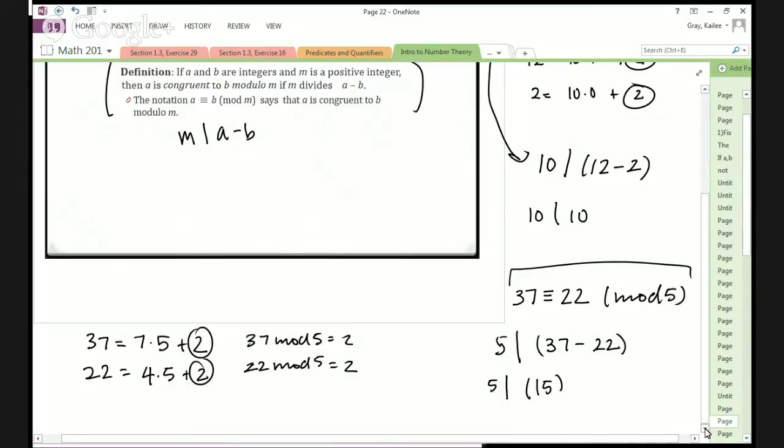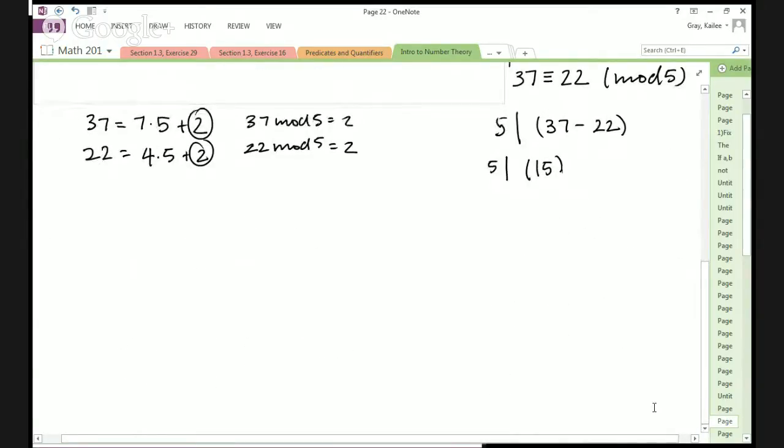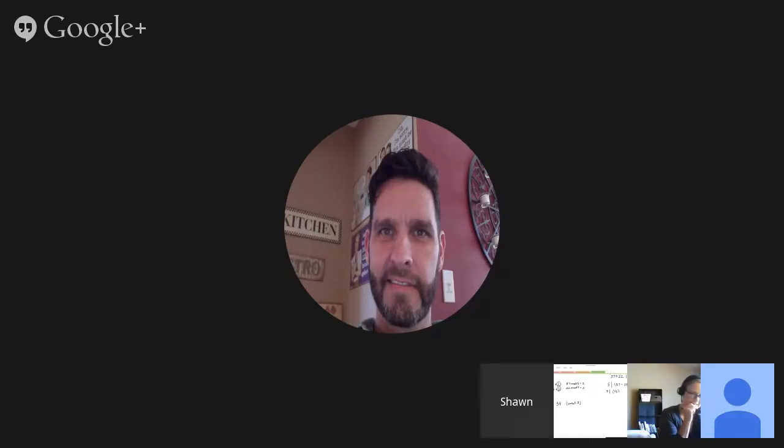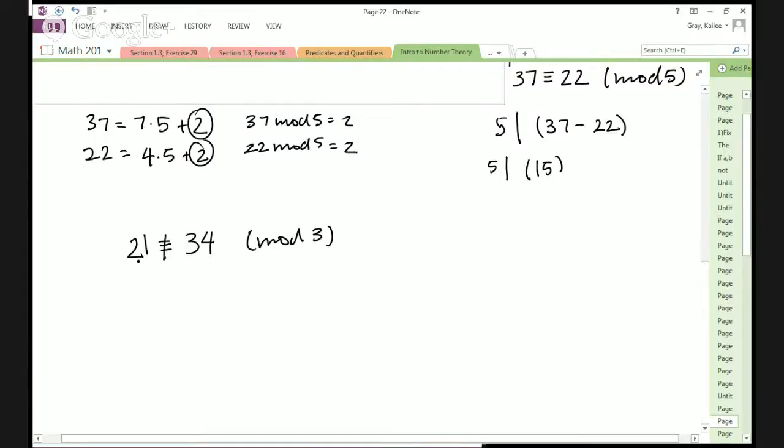Maybe let's look at something that's not congruent. I know that 21 is not congruent to 34 mod 3. Because I know that 21 mod 3 is 0 because 3 goes into 21 evenly, so there's no remainder.